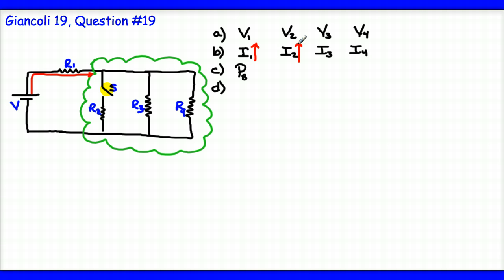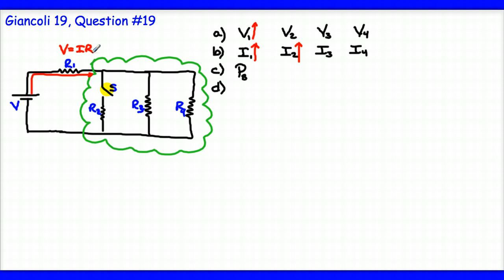But first, let's take a look at V1. The voltage across R1 increases because we've increased the current flowing through it. Its resistance value doesn't change. V equals IR, this is Ohm's law. So if the current increases, the voltage will increase.